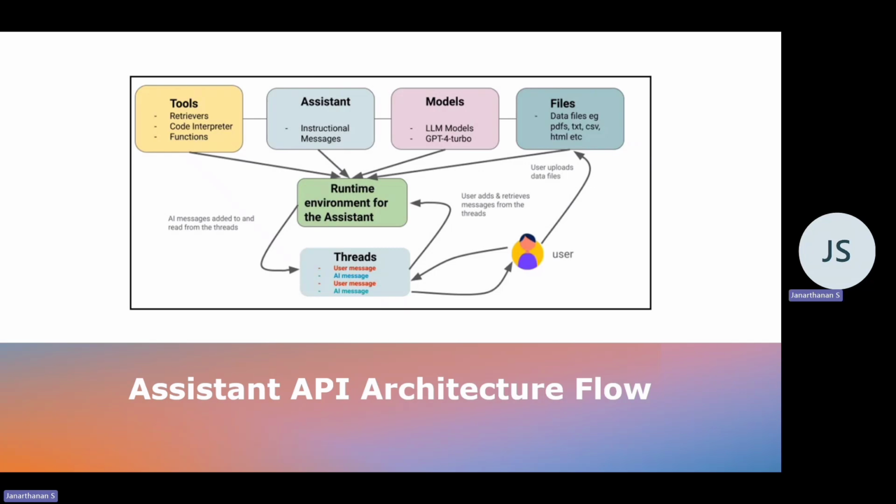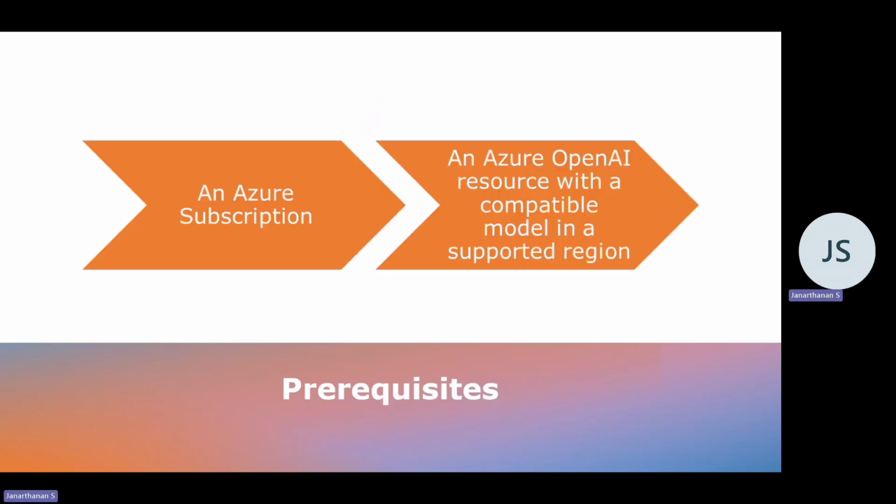Every time you create an environment in the Assistant API, it creates a thread interaction. For all this Azure Assistant Playground creation, you need a subscription followed by an Azure OpenAI resource, where the resource is supported in your respective region.